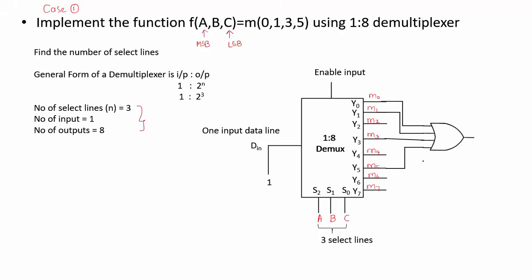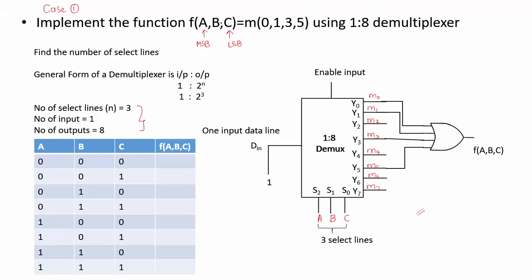The output of this OR gate will give you f of a, b, c. So this is how you implement the function in case the number of select lines of the demultiplexer is equal to the number of input variables.